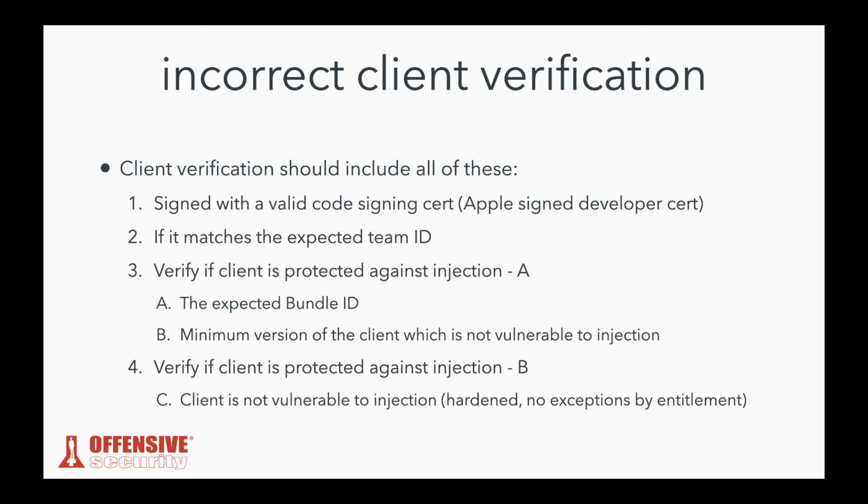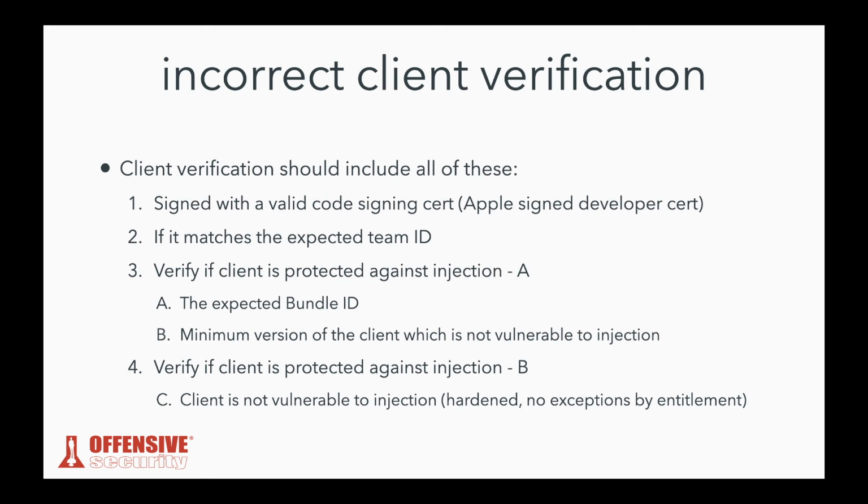So what should be done to make it proper? When client verification happens, the service should verify that the client is signed with a valid code signing certificate, which is an Apple-signed developer certificate, and that it matches the expected team ID, because if the team ID is not verified, I can just use any random application to talk to the XPC service.